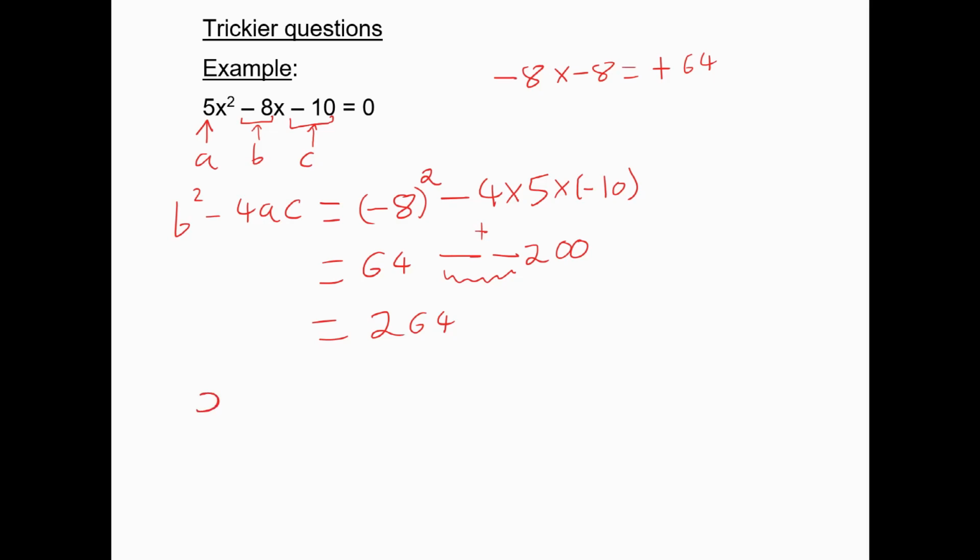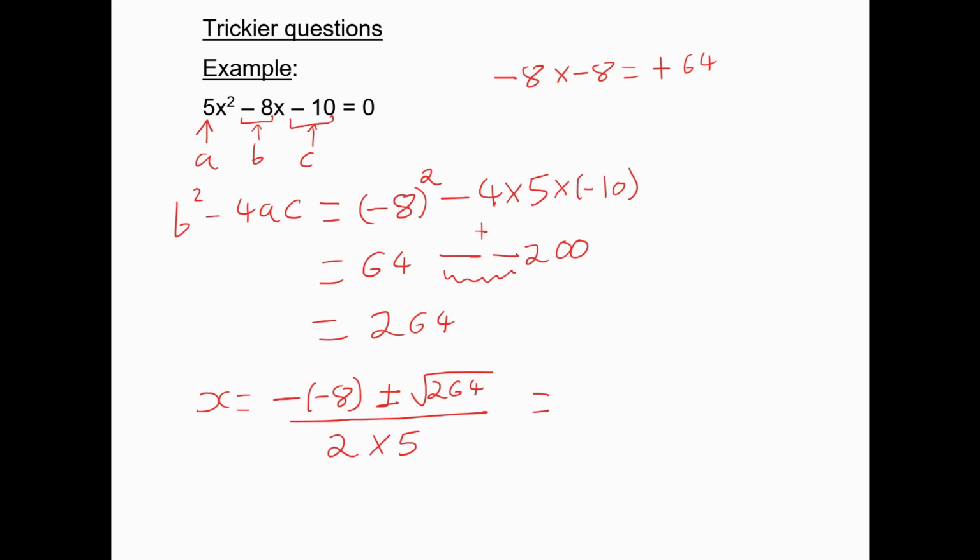So I can say x equals minus b, again being careful, that's minus minus 8, plus or minus the square root of 264, all over 2a, so 2 times 5. Let's simplify a little bit.